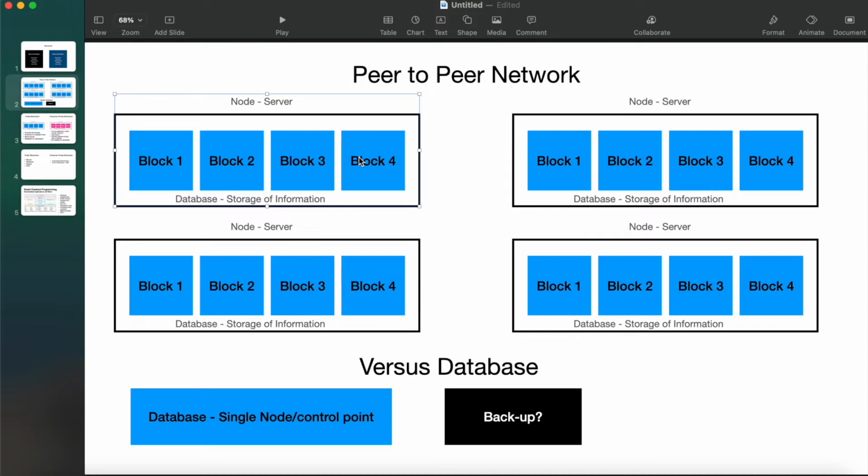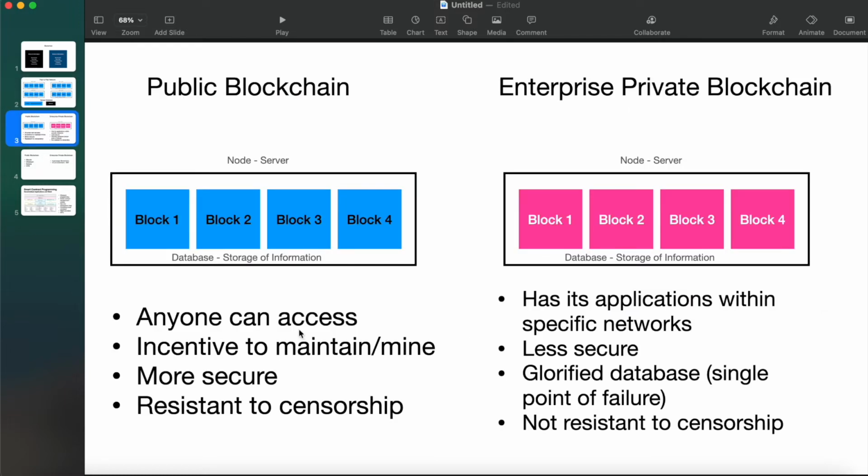I just need the resources and the mining capabilities, but no one is stopping me. It's an open blockchain. I can maintain my own copy of the Bitcoin blockchain and keep it in my computer if I wanted. Ethereum, all of these public blockchains, you could run your own node if you wanted. That's the first difference.